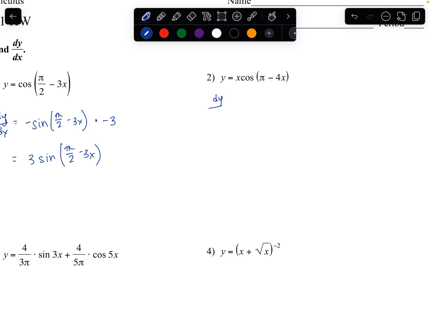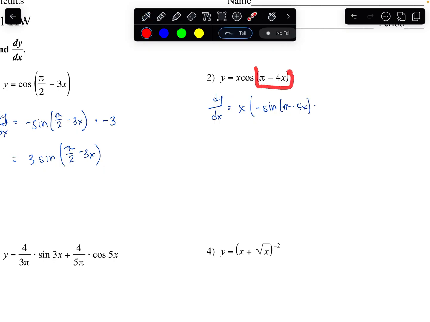So dy dx is going to be equal to, I'll take x, which is the first function, first part of the product, and I'll multiply by the derivative of this. Now the derivative of the second part is what's going to require the chain rule. So times negative sine of pi minus 4x times the derivative of the inside.